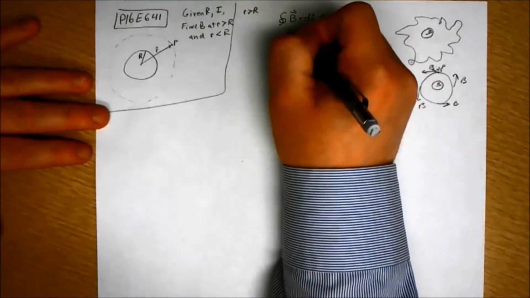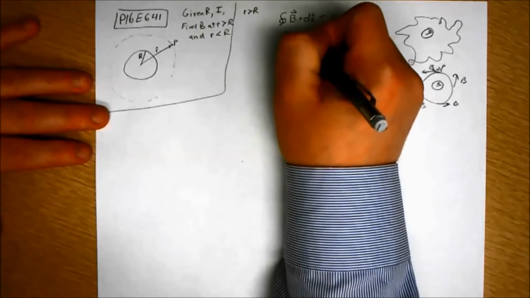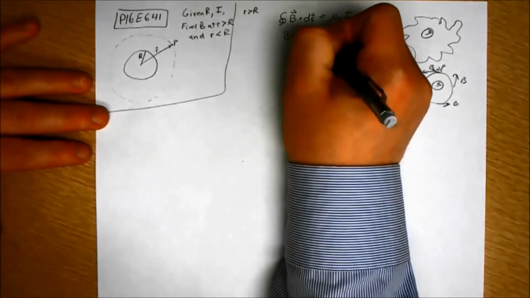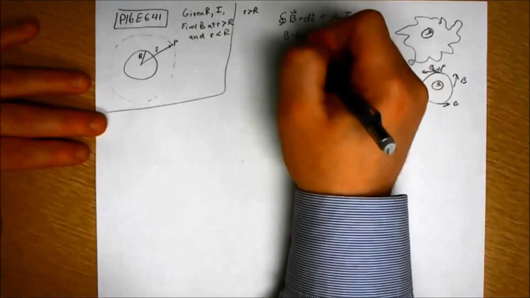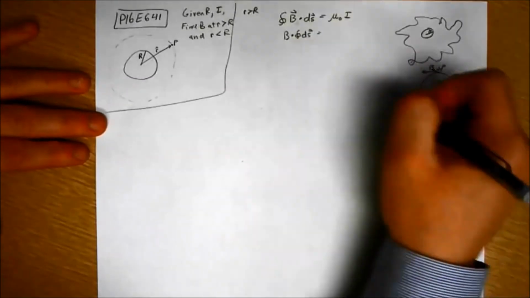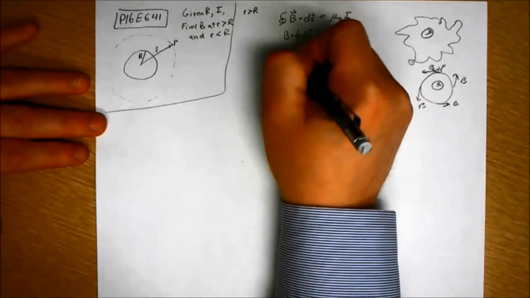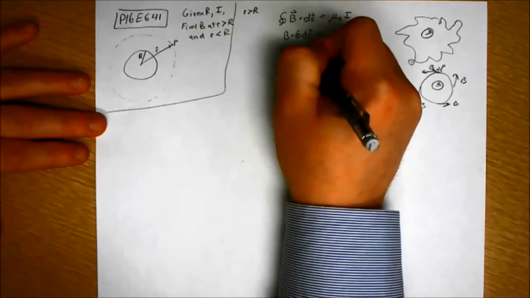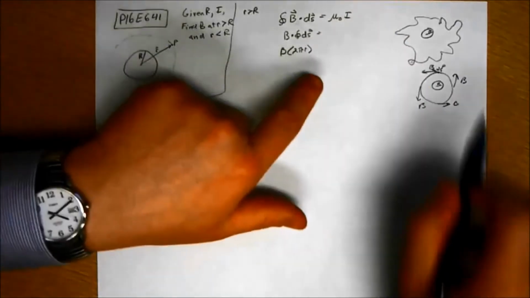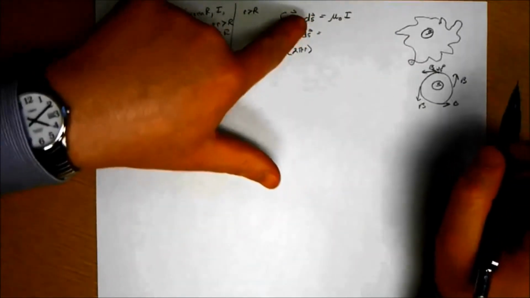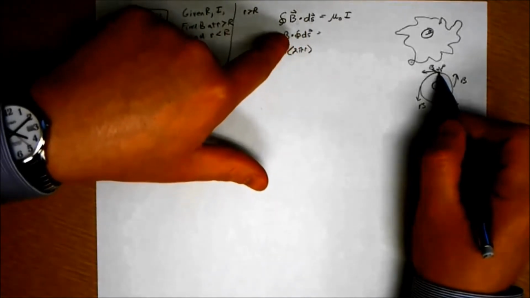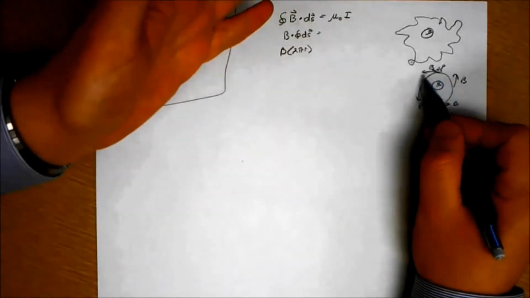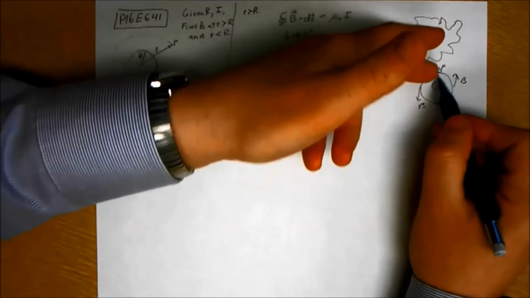So that means since B is constant all along the closed loop, we can pull B out of the integral. And we also know if we integrate around that closed loop, we get 2 pi r. Because remember, we're not talking about the area here. It's not dA, it's ds. We're integrating the path along this circular route.